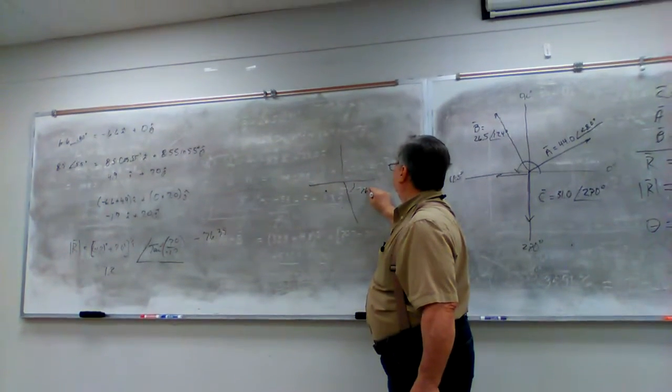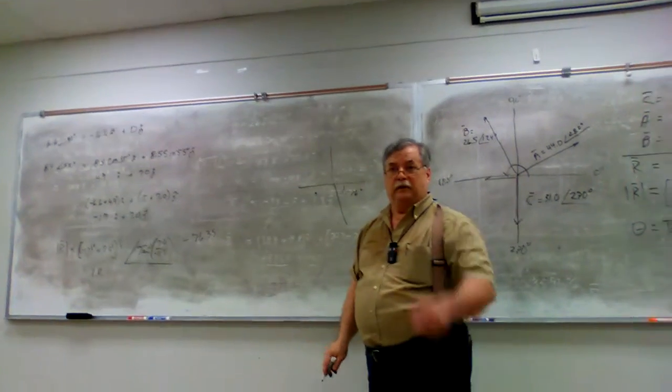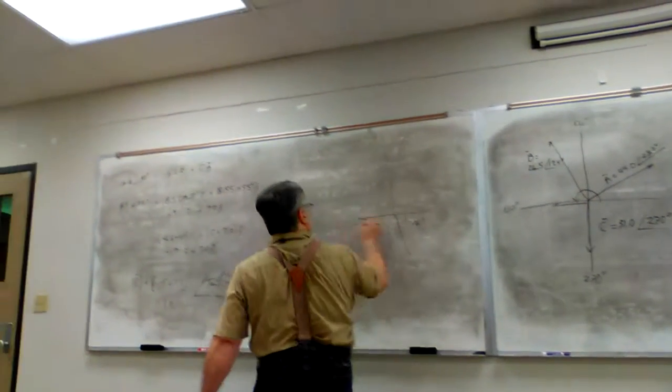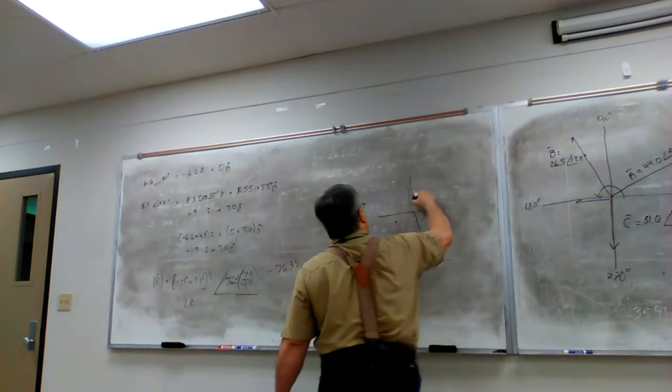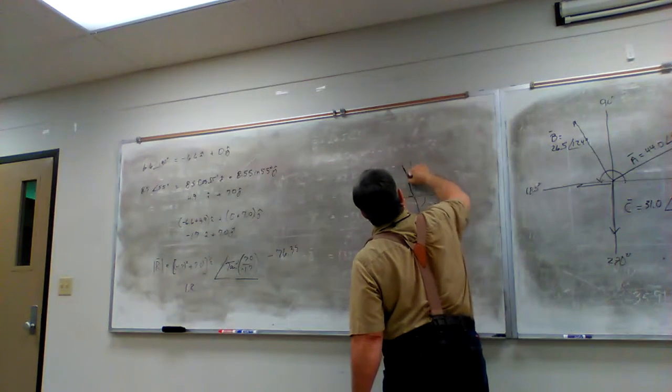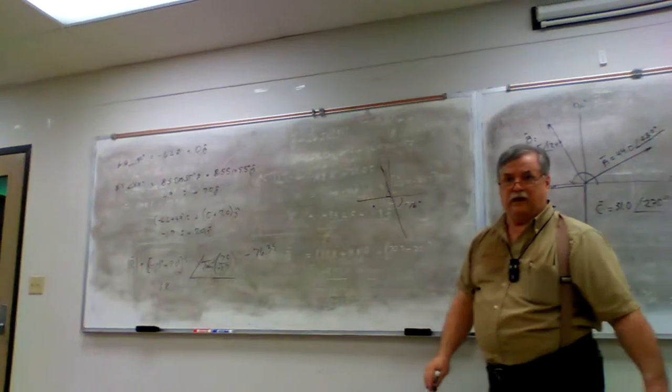Minus 76 degrees. But you know from here that your vector goes left and then positive, which means it should be at this angle.